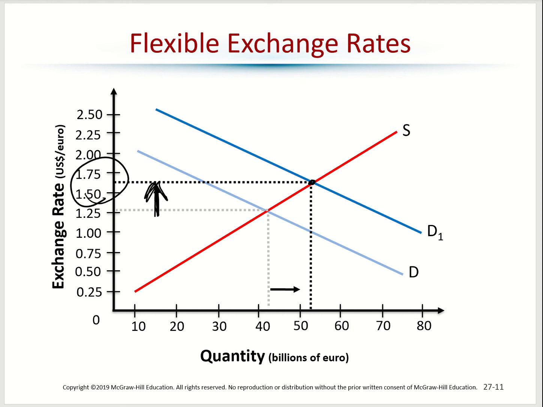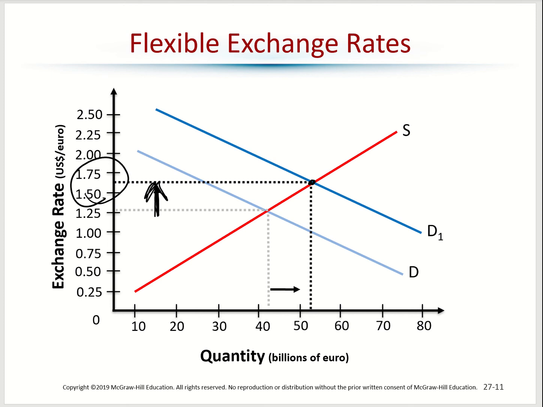So it goes from $1.25 to somewhere around $1.60 or so. And then if you want to think a step further, because US consumers love BMWs, there's a higher demand for BMWs, which causes the exchange rate to go up, which causes the price of BMW to increase. So eventually it will go back to the equilibrium, right?